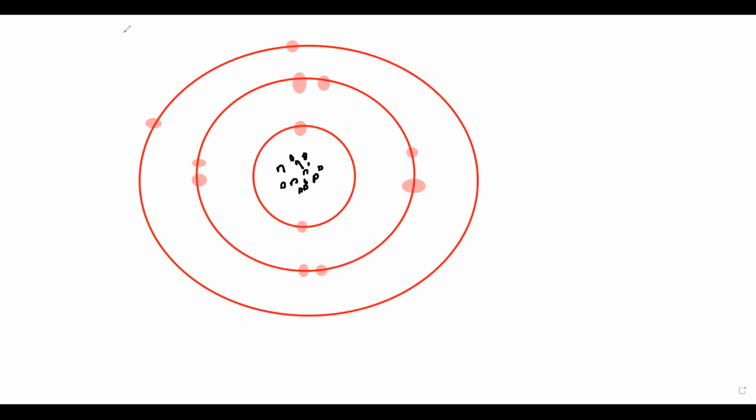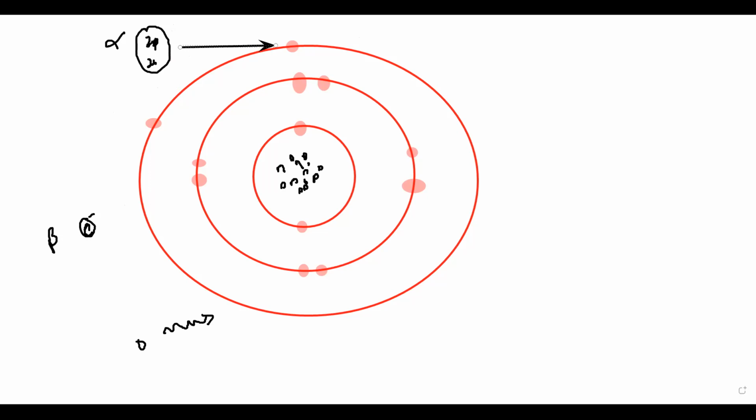For example, if we have an alpha particle, alpha means two protons and two neutrons. Beta means only an electron, and gamma means only energy. So as you can see, alpha has more mass and more charge. As a result, what will happen when this alpha particle collides with this electron?